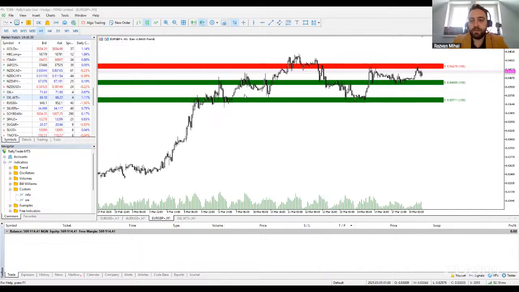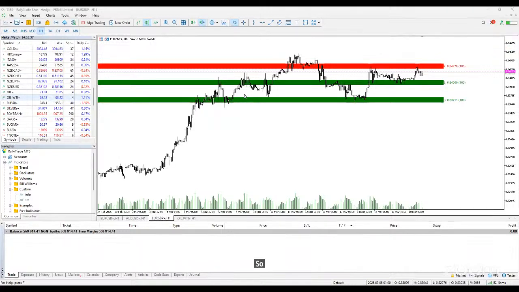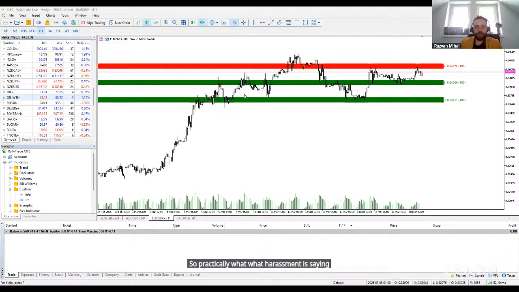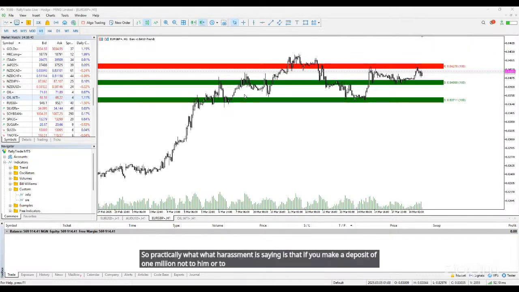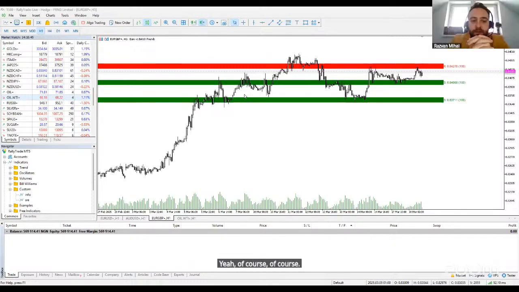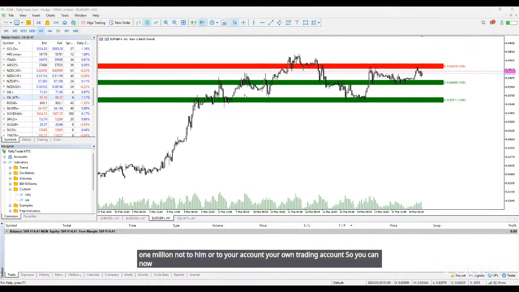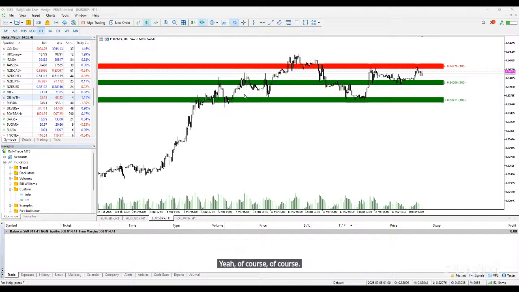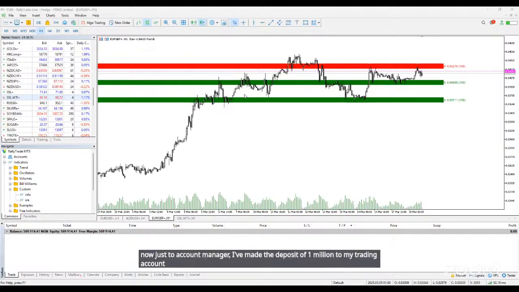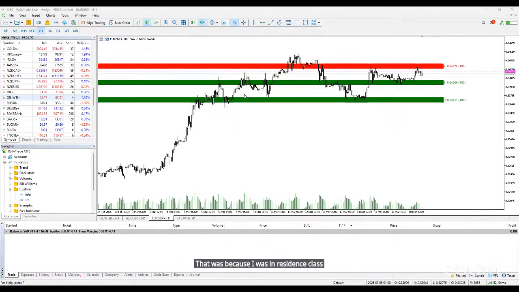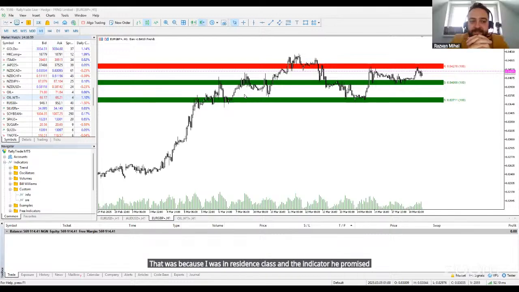So this is practically what Razvan is saying: if you make a deposit of 1 million, not to him, but to your own trading account, you can tell your account manager, I've made a deposit of 1 million into my trading account because I was in Razvan's class, and please let me have the indicator he promised, and it will be 100% yours.